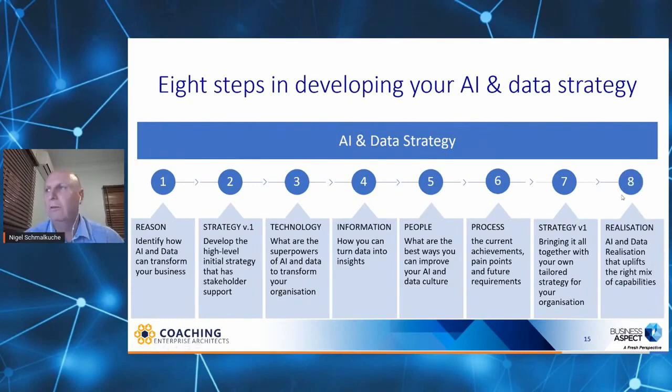And then the realization. So that's the all-important one at the end: how do you uplift the right mix of these capabilities? So how do you provide a strategy that has that all in there, the technology, information, people, process? How does that all work together to realize and achieve those goals that you need longer term?